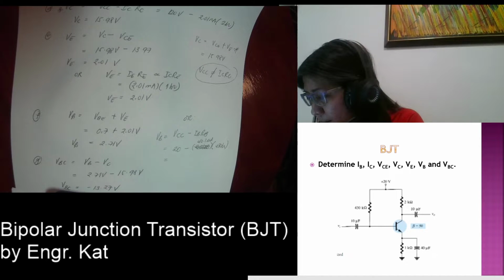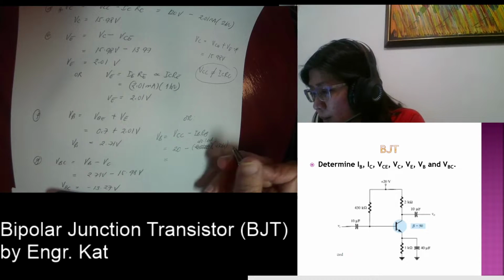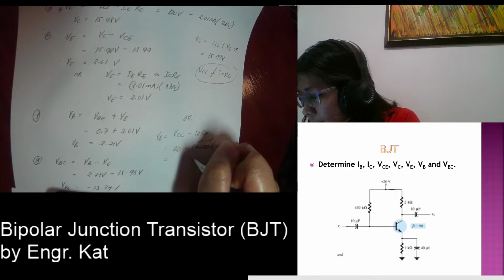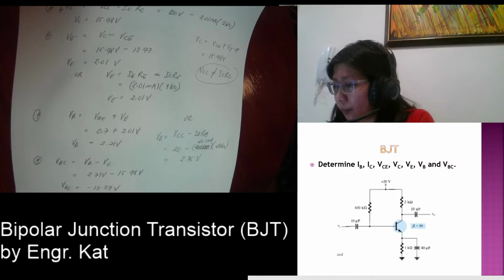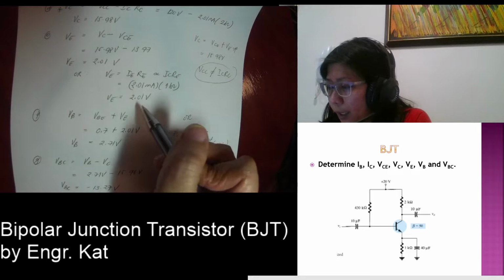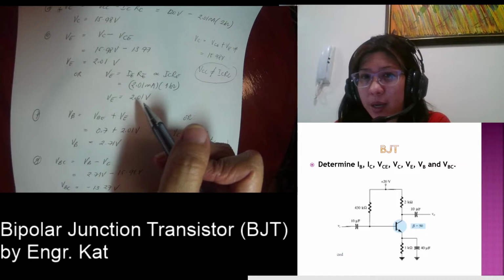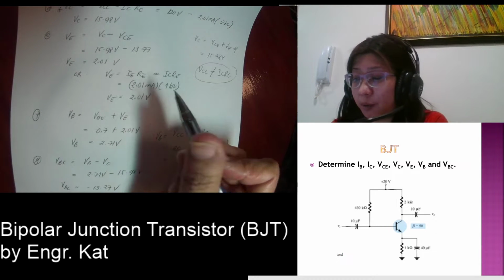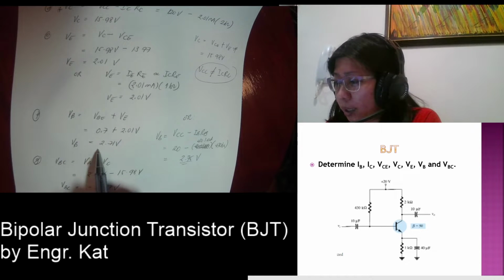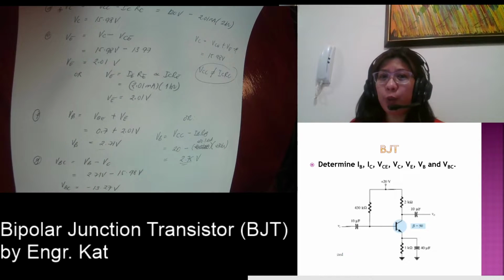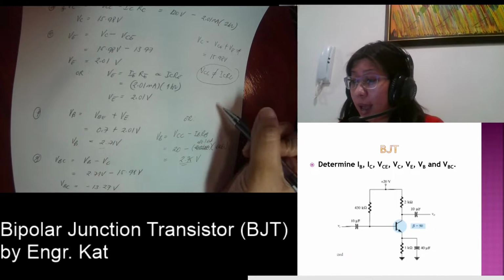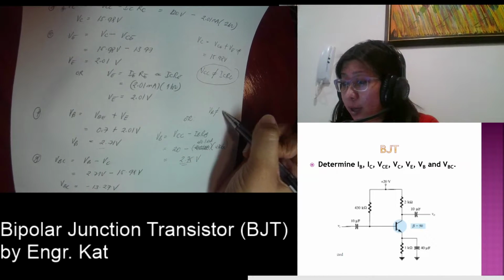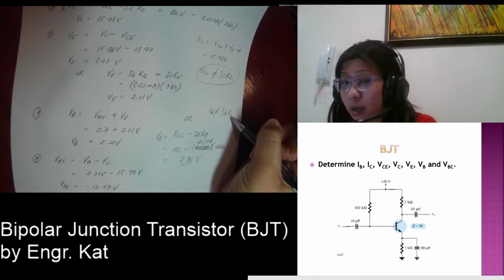This is approximately equal to 2.75. So almost the same. The only difference is because we have done some rounding off, but as you can see, it's around 2.7. So it's either you use this one or you use this one, but VB is not equal to IB times RB.